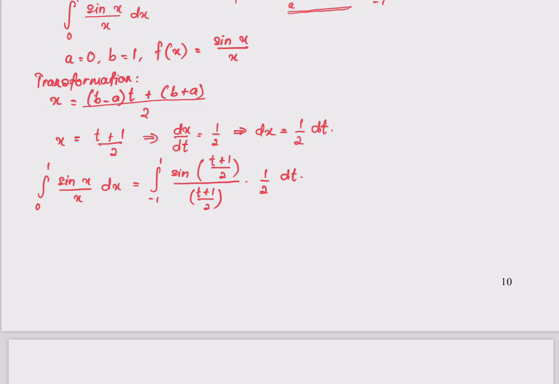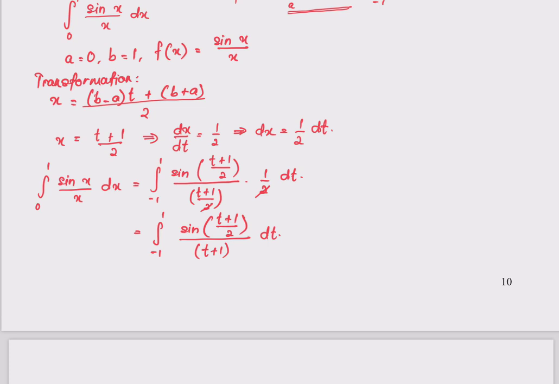And if you see here, we also can cancel out these 2 and 2, so that our integral now becomes from -1 to 1 of sine of (t plus 1) divided by 2, divided by (t plus 1), with respect to t.